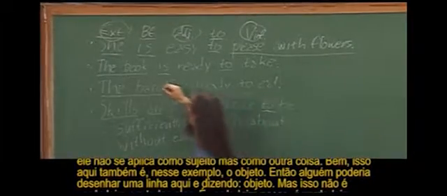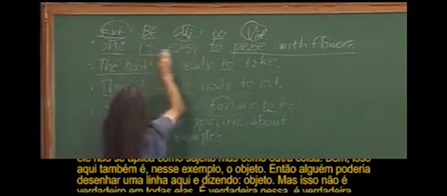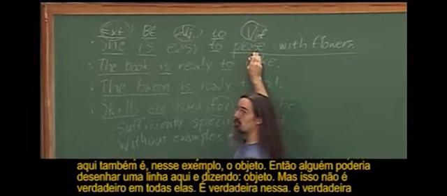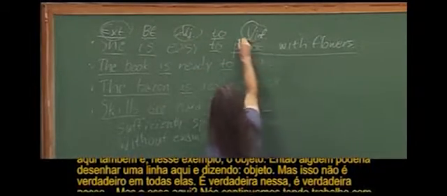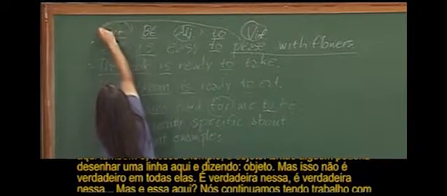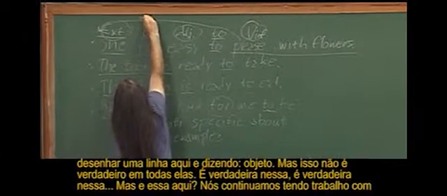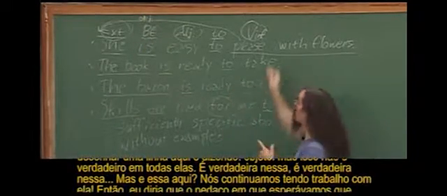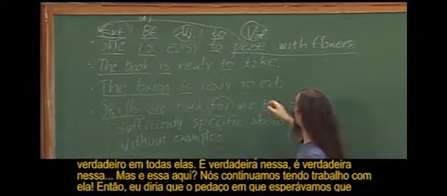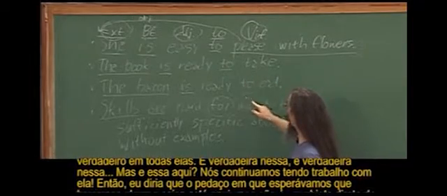So this thing is also, in this example, it is the object. So one could draw a line here saying object. Okay? But that's not true of all of them. It's true of this one.